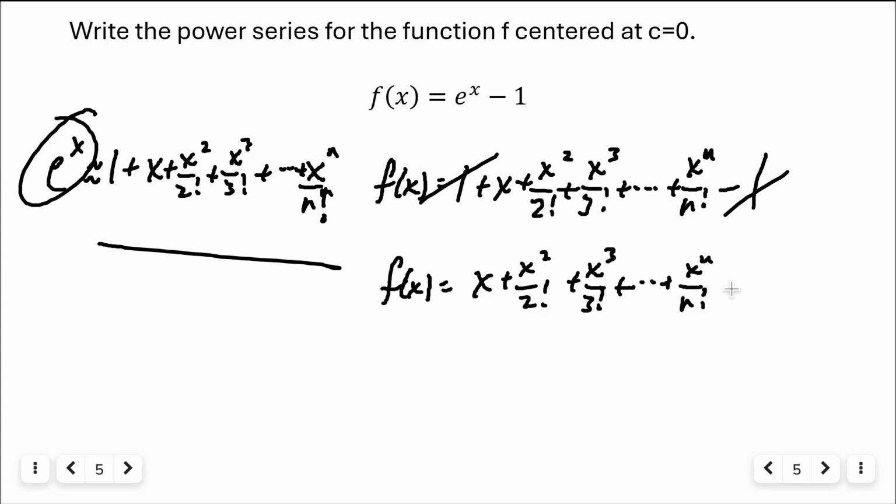That's what f of x is. F of x is this series. Okay? It's these terms and this series. All right? That's what I need you to understand. The function and the series are interchangeable.